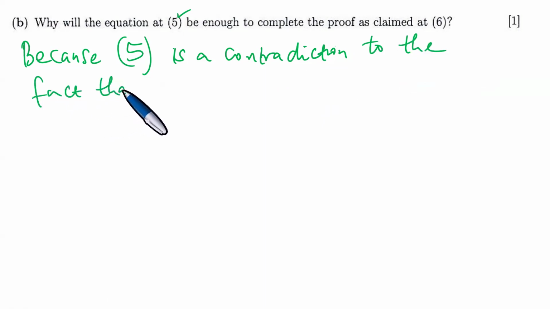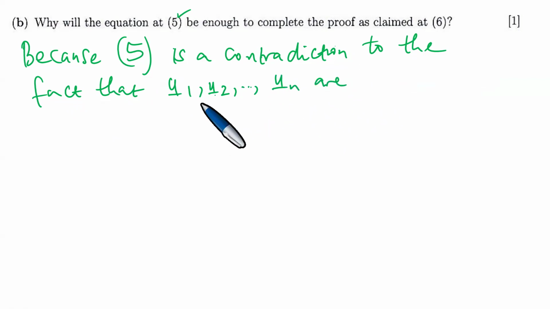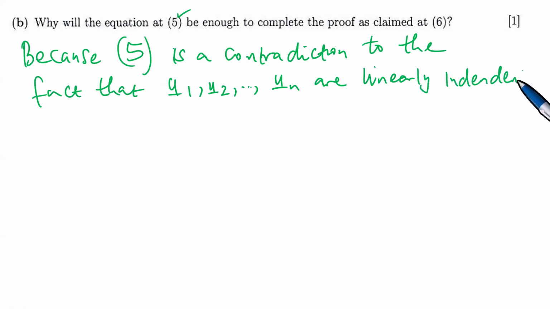It's a contradiction to the fact that U1, U2, up to Un, because they are from a basis, are linearly independent. And therefore it becomes problematic to say that not all the scalars are 0.